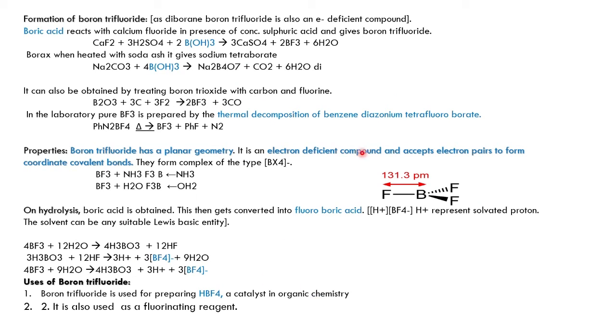Boron trifluoride is also an electron deficient compound. Boric acid reacts with calcium fluoride in the presence of concentrated sulfuric acid and forms boron trifluoride. Then borax reacts with soda, that is sodium carbonate, and forms sodium tetraborate.